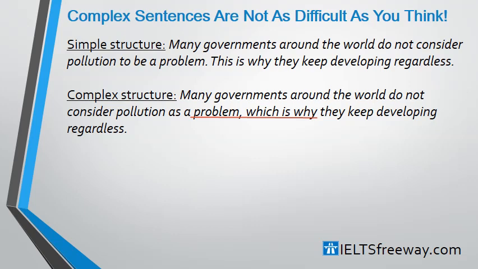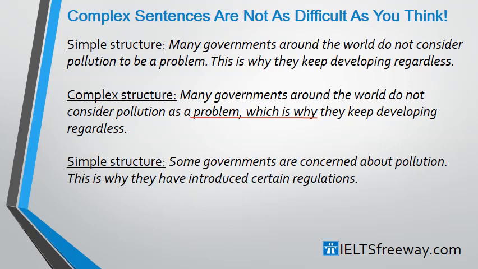So, all we've done is link 2 pieces of information into 1 sentence. That creates a complex structure. That's the basic, easiest way to create a sentence that is more complex. Let's have a look at another one. Some governments are concerned about pollution. Full stop. This is why they have introduced certain regulations.